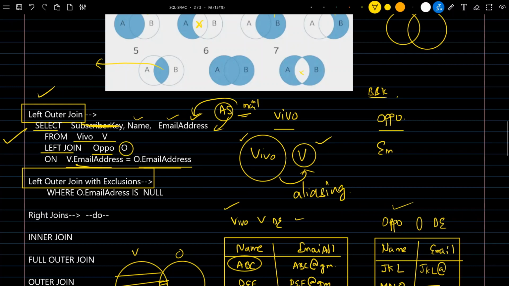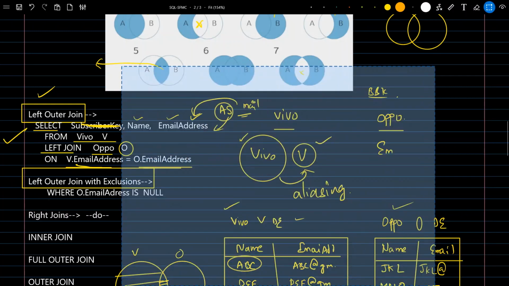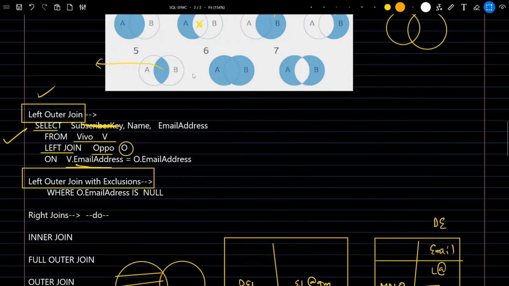But how to write it in query form? So left outer join with exclusions. We are writing the same program.